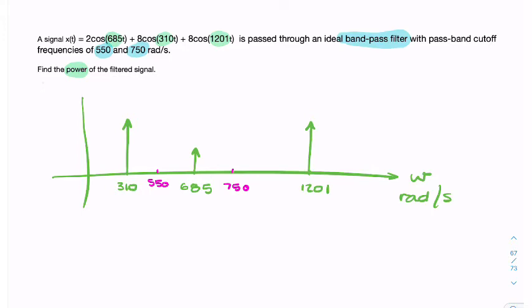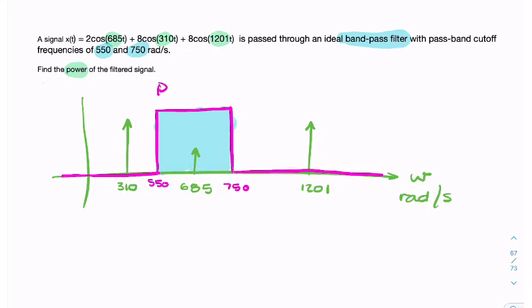So you can probably see already that only one of these 3 components would actually survive the filter. So this component at 685 is in the pass band, so this actually survives.